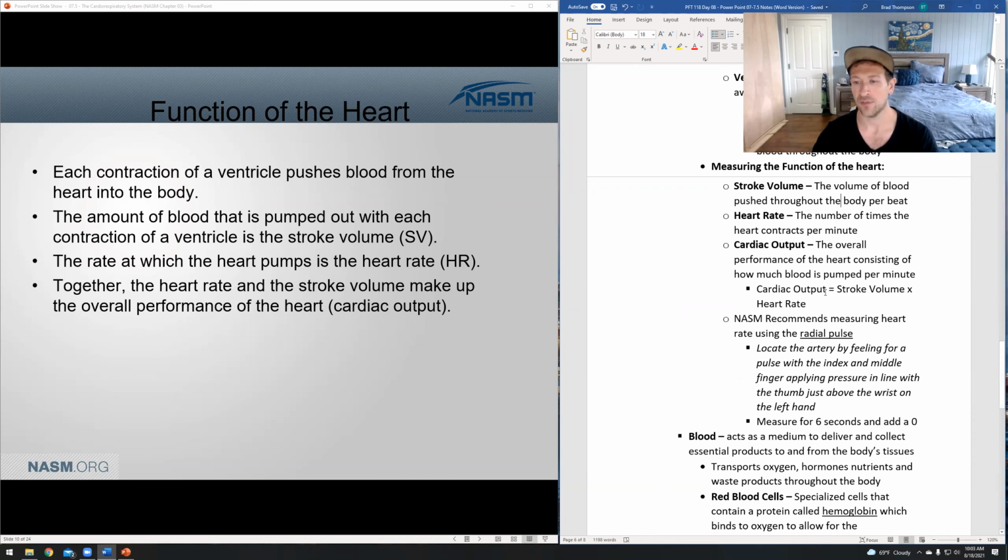So then we have the overall performance of your heart, which consists of how much blood, that's stroke volume, is pumped per minute, that's heart rate. So the formula for cardiac output is stroke volume times heart rate.